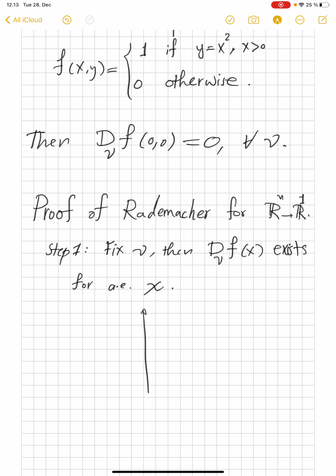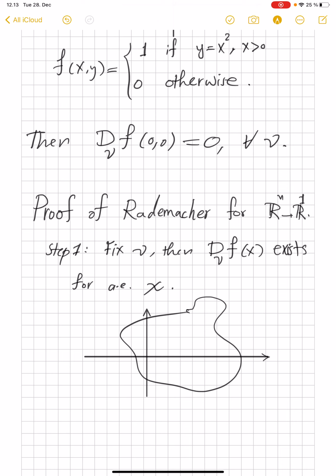You have your Rn, and I draw just an open domain for pictorial reasons. So you take one direction v, so your v is always fixed throughout, so that is your v. And then you restrict your function to this line, so you fix this x0, and then this line is the set of x plus tv's, t being in R.